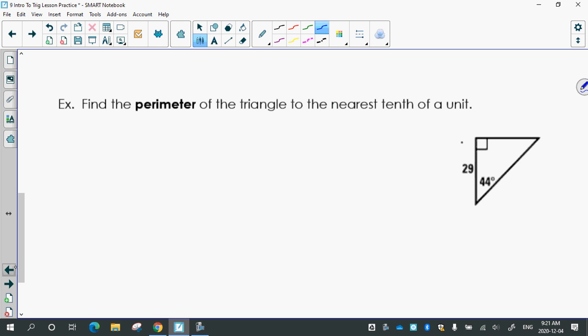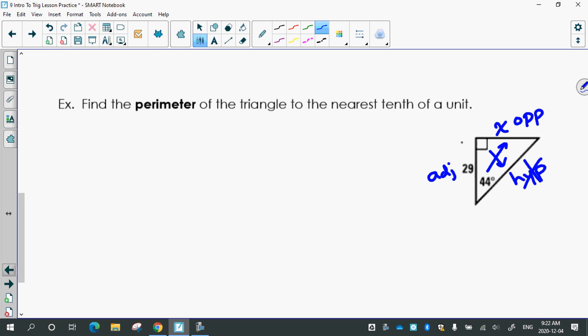So you could decide, okay, first I'm going to find this side, right? Call it X. So there's my hypotenuse. According to the 45 degrees, that's my opposite. And this is my adjacent. I'd cross off the hypotenuse because I'm trying to find the opposite right now.